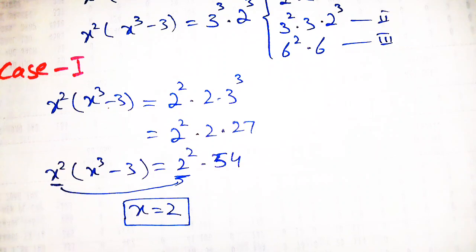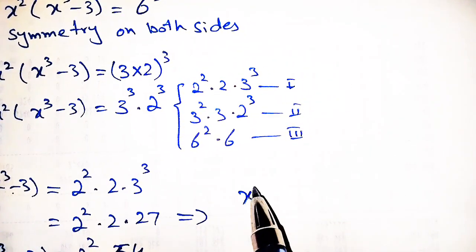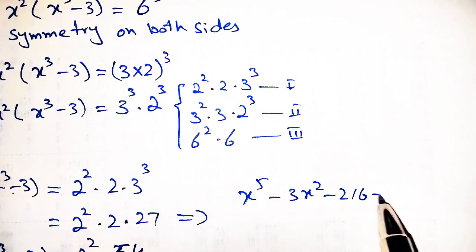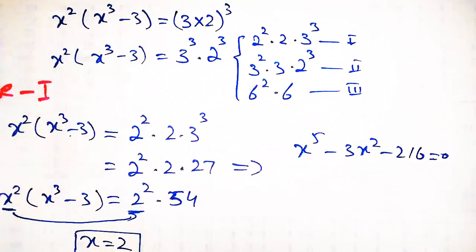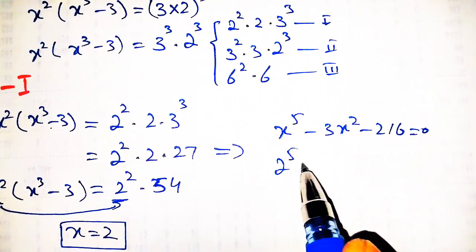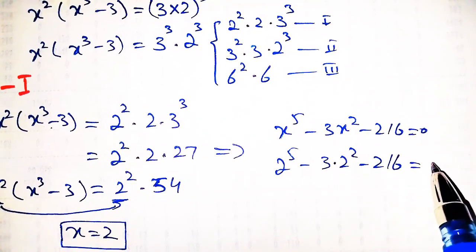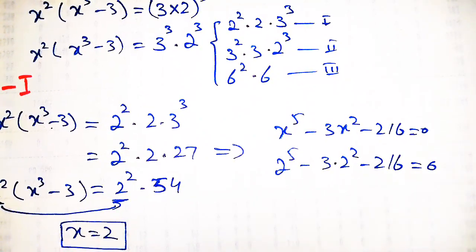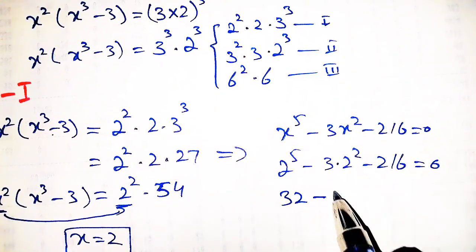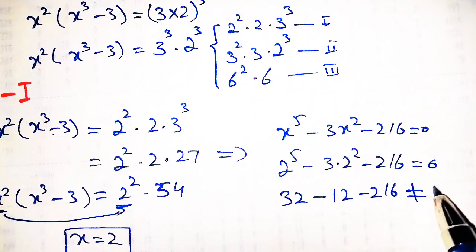and if x is equal to 2, putting this value in the given equation, as the given equation is x raised to power 5 minus 3x square minus 216 is equal to 0. If we put x is equal to 2 here, it will become 2 raised to power 5 minus 3 times 2 square minus 216 is equal to 0. It will become 32 minus 12 minus 216, which is not equal to 0.